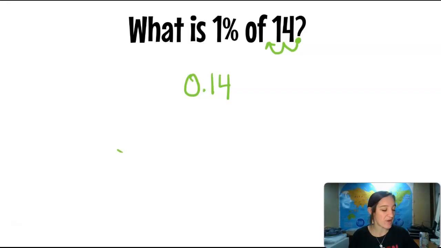Let's think about it this way. You have $14 and you want to take 1% of that and put it towards a gift to your least favorite sister. Your mom says you have to get a gift. And so you're like, fine, I'll take 1% of the money that I have and give them a gift. Well, what's 1% of 14?